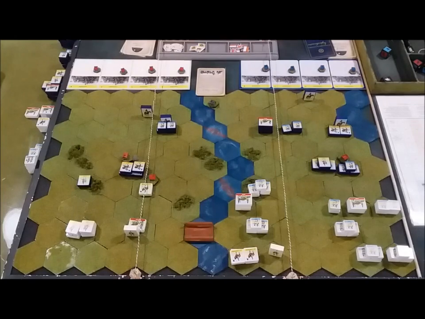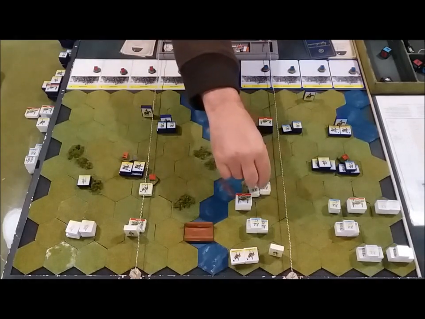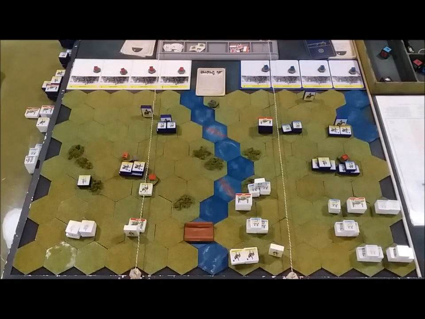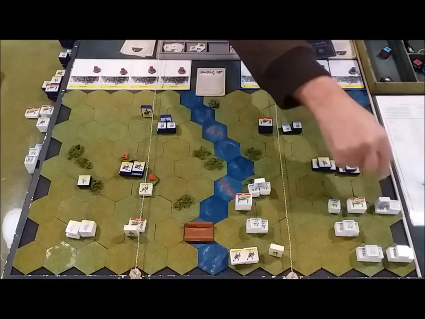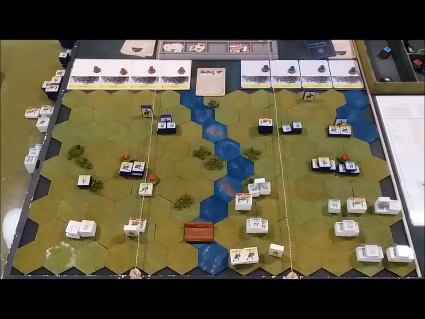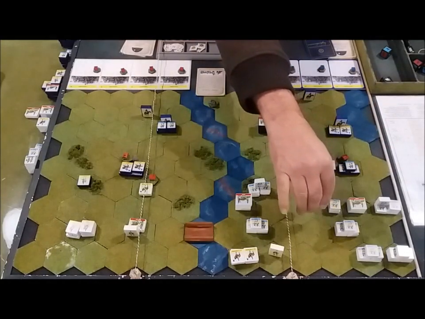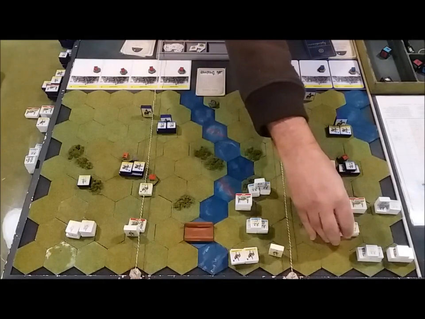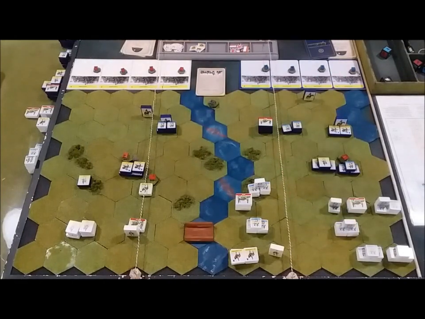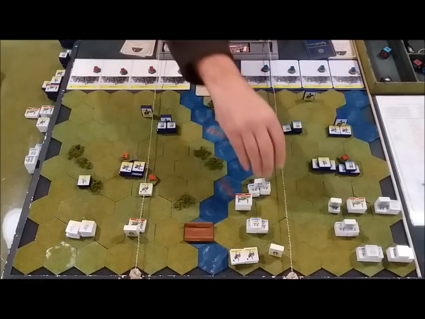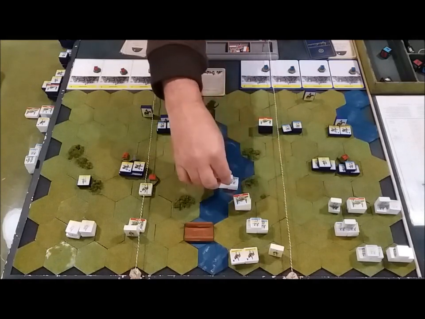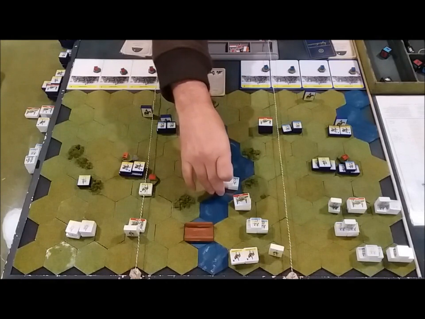4 units. So let's start this unit moving over to bring some pressure on over here. We'll bring this unit back up to bring pressure onto here as 2. This unit is going to have to come forward, and this unit is going to come forward. So that's our 4. So this first line unit is going over to here and can't do any more.